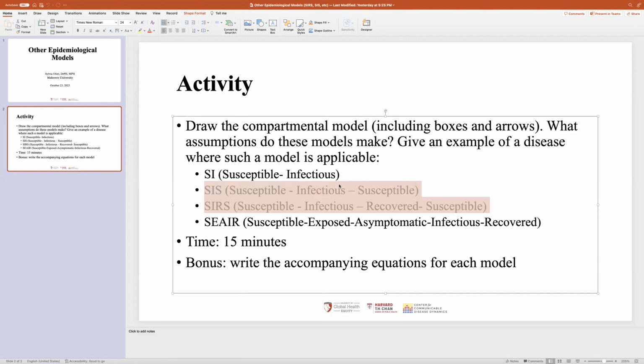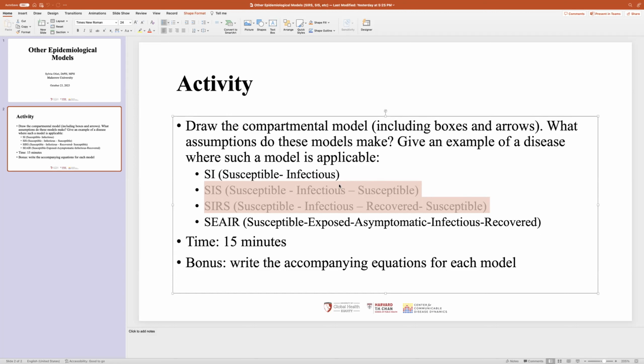My opinion is it would still depend on the disease epidemiology. Some diseases, after recovery, you may not slide back into susceptibility, whereas with some diseases, immediately you recover, you become susceptible.